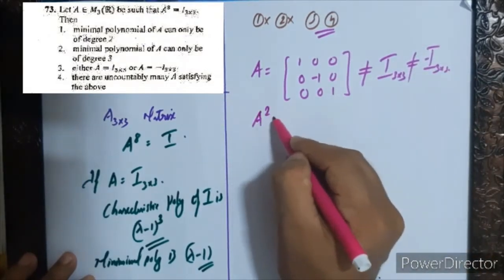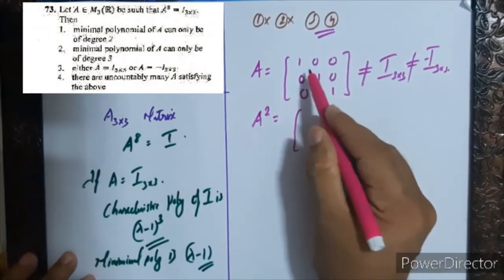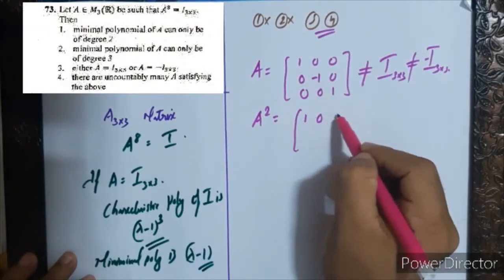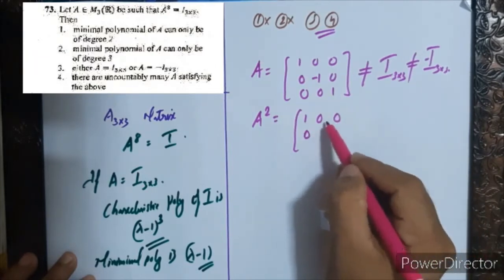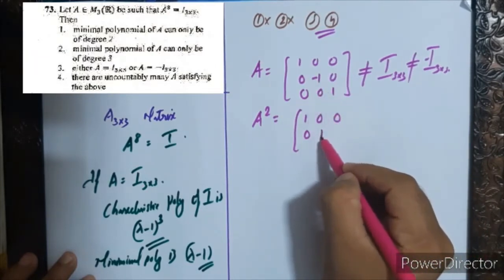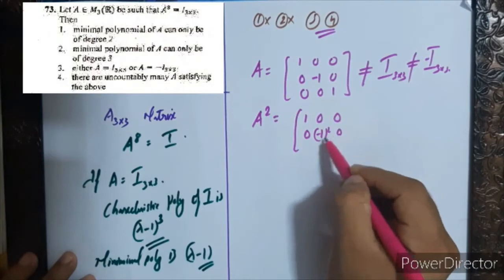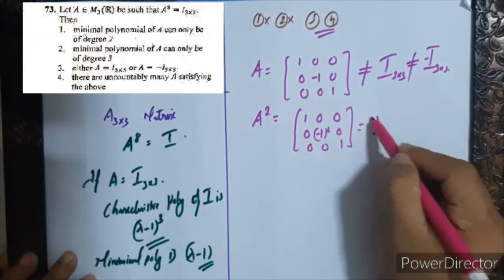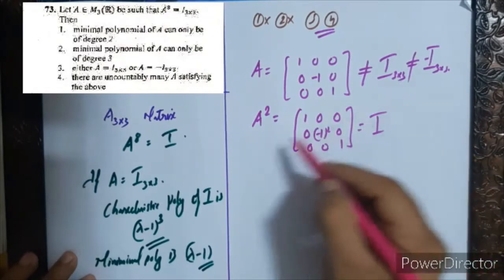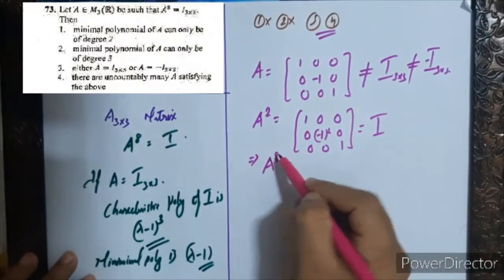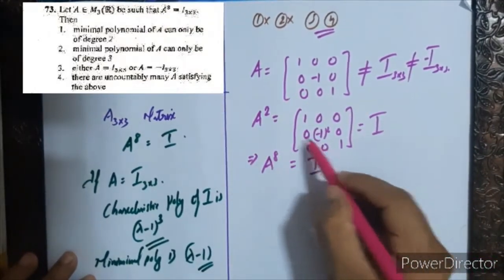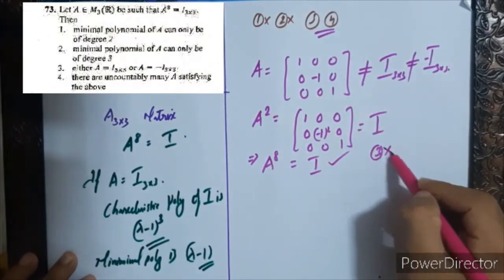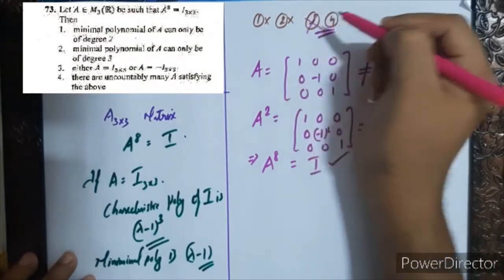Then what about A square? Here this is a diagonal matrix, so A square has entries 1, minus 1 squared, 1, which is equal to I. So A square equals I, which implies A raised to 8 is equal to I. So the third option is also false.